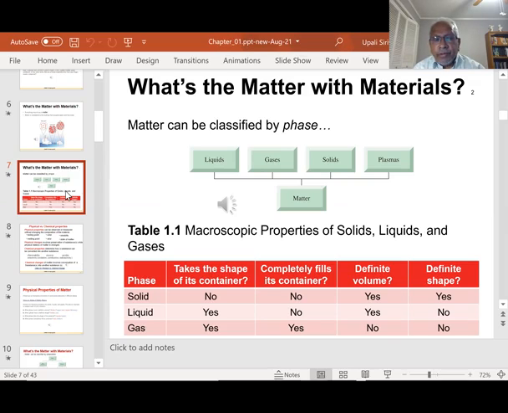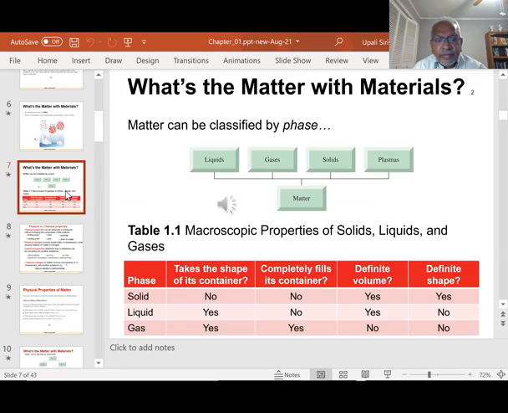So you need to know the macroscopic properties of solids, liquids, and gases. The properties are shape, how it fills its container, and whether it has a definite volume or a definite shape.